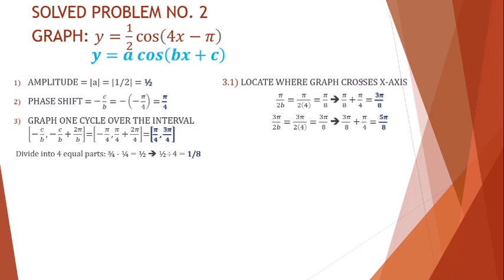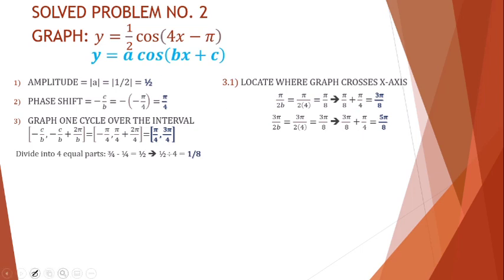So again, this is crosses x-axis. Since cosine siya, dalawa lang po ang points natin, hindi siya sine. So we have 3 pi over 8, and 3 pi over 8 plus pi over 4. Bakit po ang purpose nitong pag-a-add natin ng pi over 4? Pi over 4 is our phase shift.